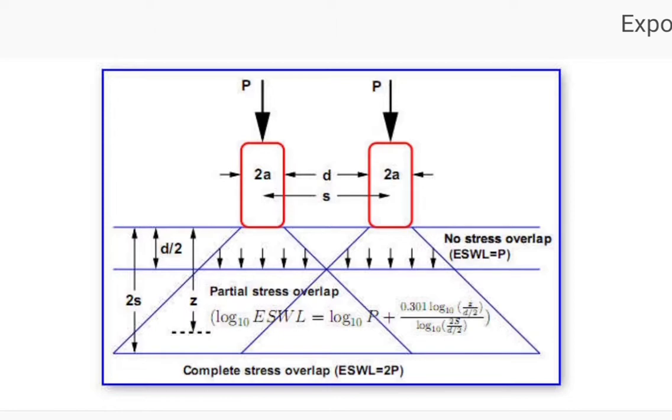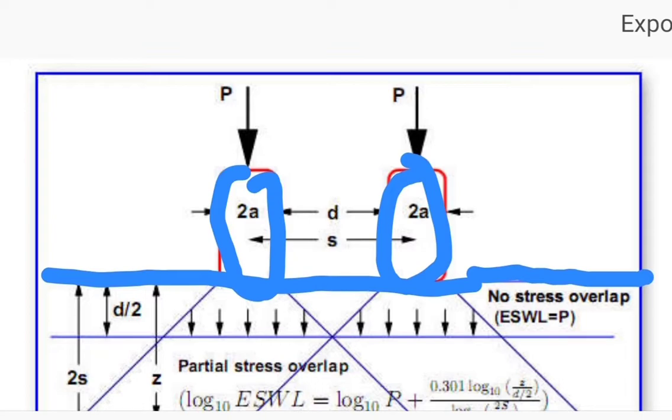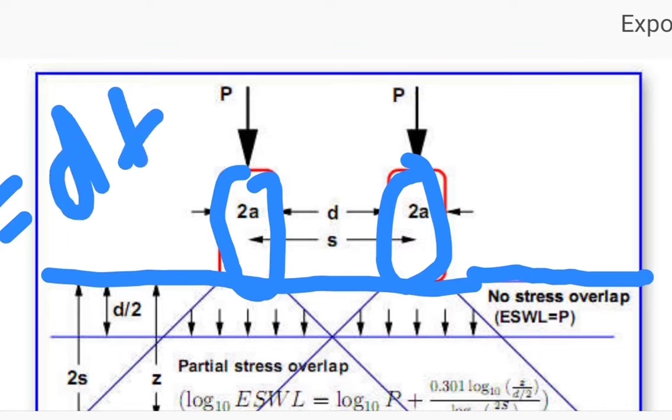overlap, right? And just to simplify the analysis, the load dispersion is assumed, with some assumptions. These two wheels are there, with a center to center distance s, small s, which is s equal to d plus 2a, right?